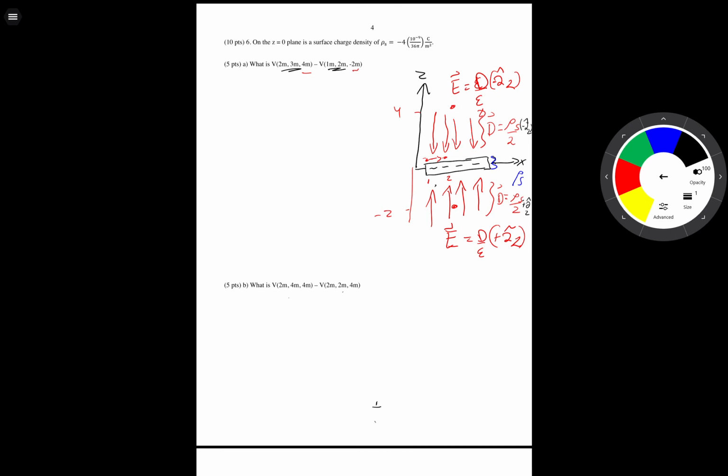So for z bigger than 0, the electric flux density is going to be rho_s in the negative direction. So let's put a negative sign first, and I'm going to put in the value for rho_s, which is -4, and we know that our epsilon is 10 to the -9 over 36 pi, so I can essentially substitute that in.